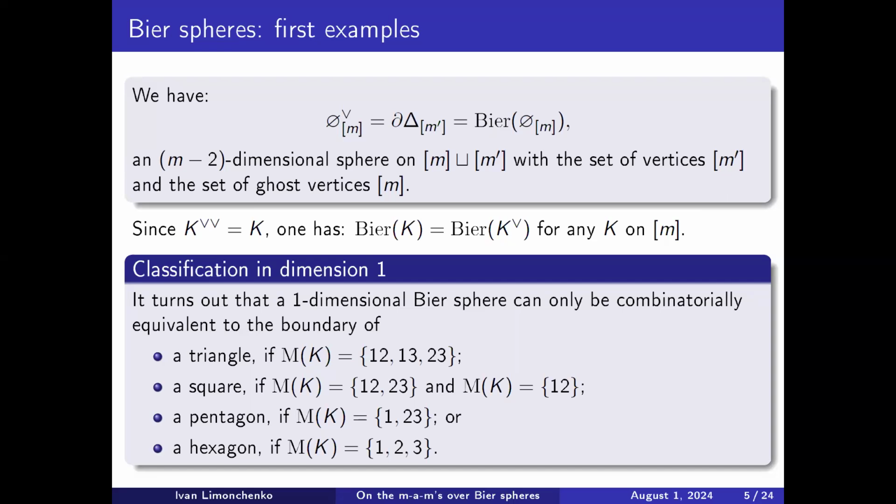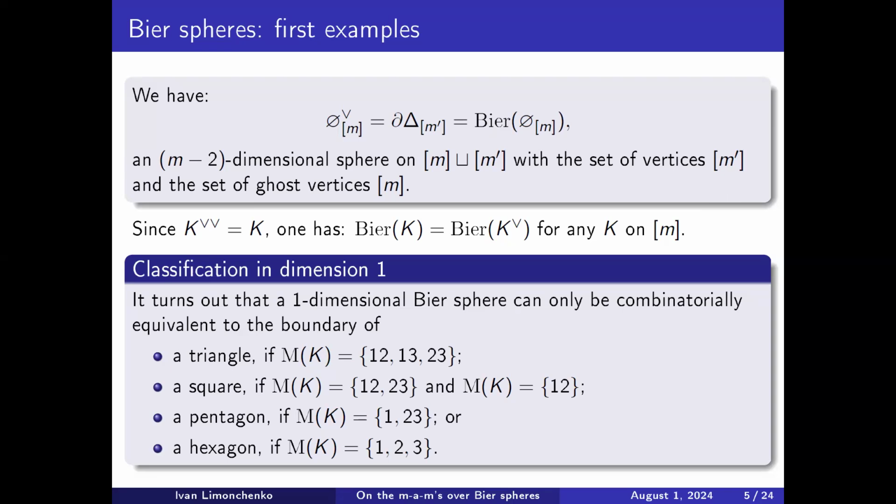So the resulting Bier sphere is either a triangle, or the boundary of a square, or the boundary of a pentagon, or the boundary of a hexagon. From this classification, people who know and love nestohedra like myself immediately realize that those are nothing else but two-dimensional nestohedra: polygons. Triangle, square, pentagon, and hexagon, that's it.